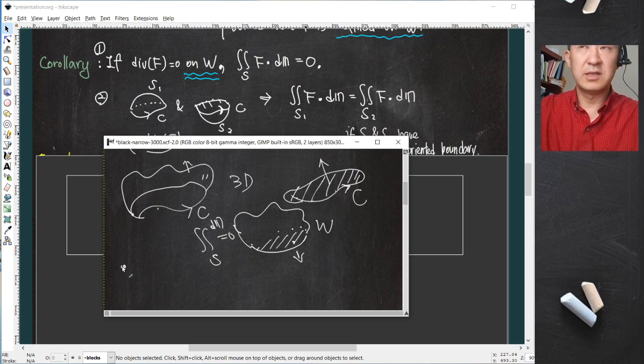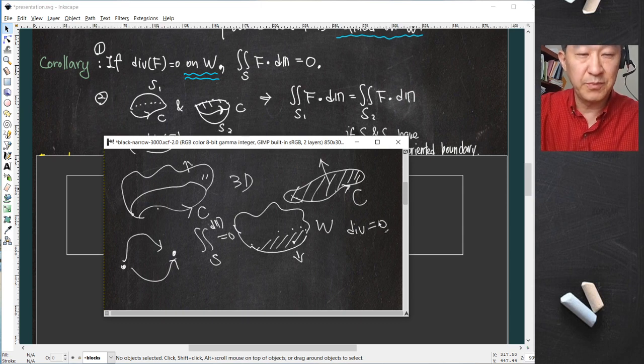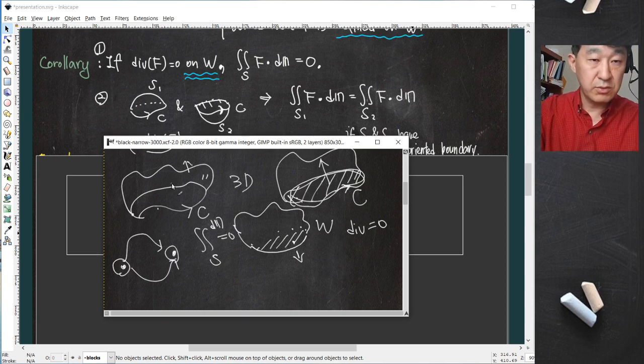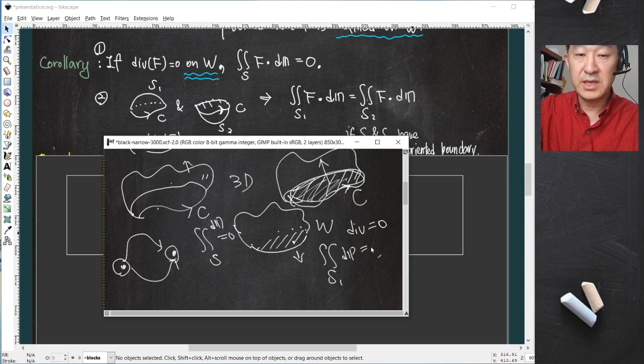So before, in the line integral situation from Green's theorem, if you go around like this, go around like that, if the curl is 0, this is going to be the same. Total surprise. And here, the situation is if your divergence is 0, you're looking at a vector field, and if you're looking at this curve, which is corresponding to this point, if you choose this curve, it doesn't matter what kind of surface you put around it, this crazy one and the simplest one like that, that surface integral is going to be always the same.